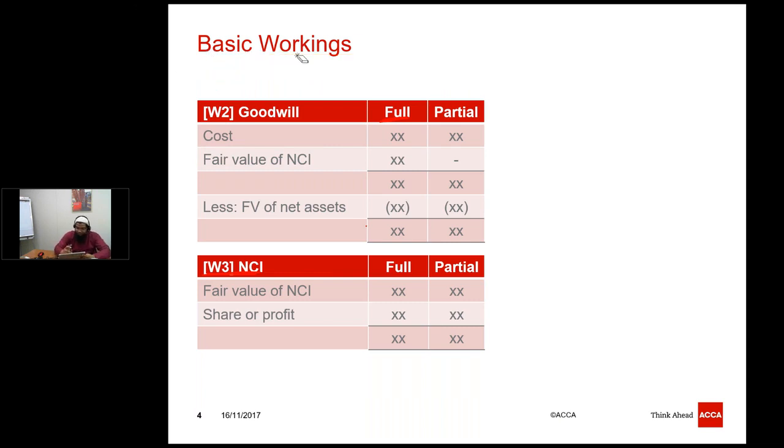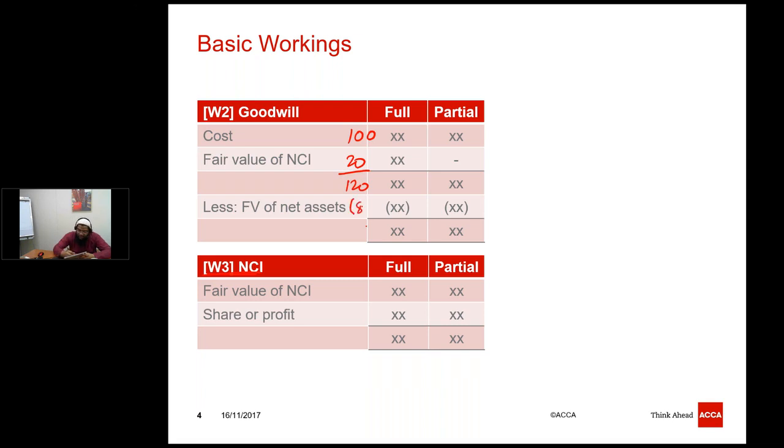Okay. Now let's suppose that we have purchased 80% of the shares for $100 million, and the fair value of NCI was 20, so the total is 120.